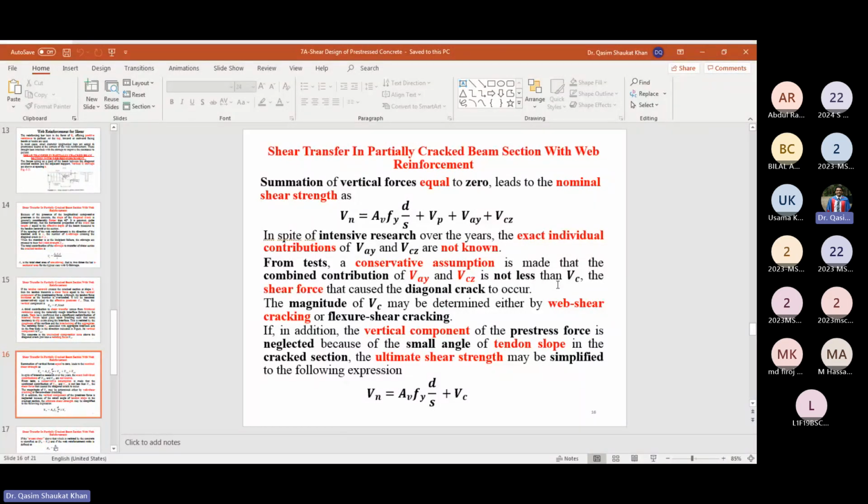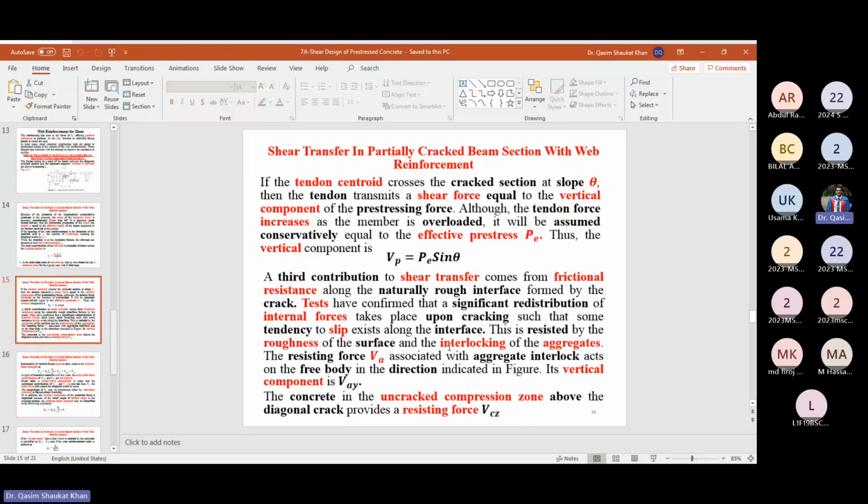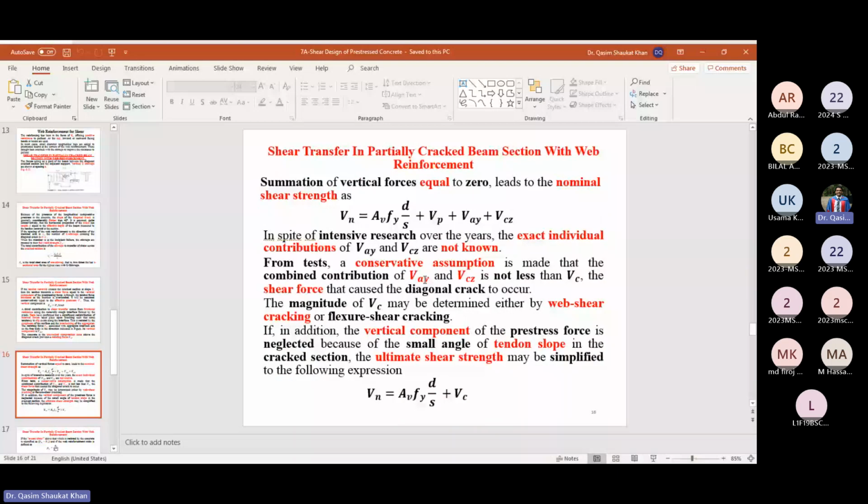VAY is the contribution of the roughness of the fracture surface and aggregate interlock. And VCZ is the contribution of the uncracked compression zone. So the sum of these two, VAY and VCZ, is not less than VC, that shear force that caused the diagonal crack to occur.